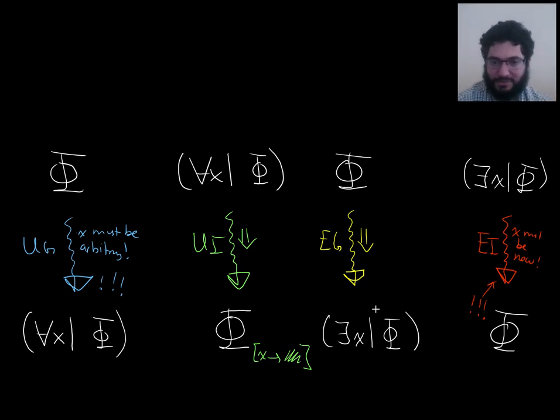Just prove that something is red to prove that there exists X such that X is red. So it's sufficient here to prove phi with X replaced by any old term, and that would be enough. Okay, so that's a super crude kind of summary.